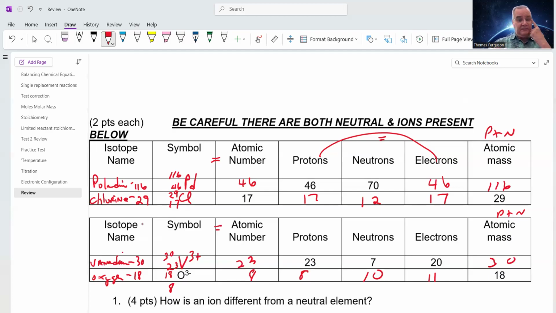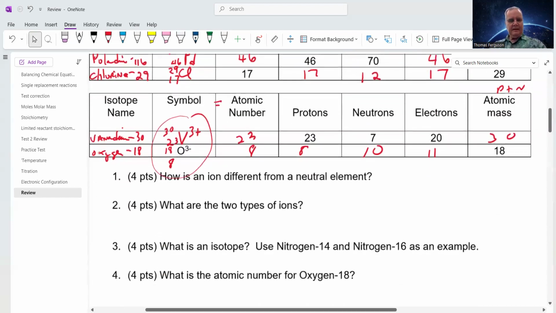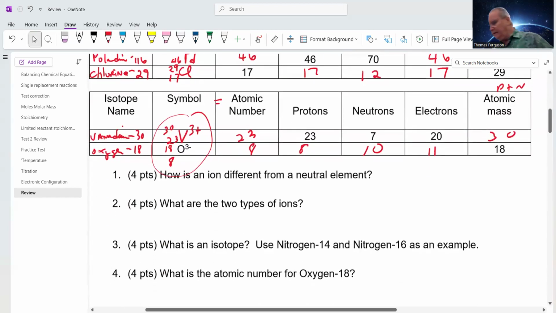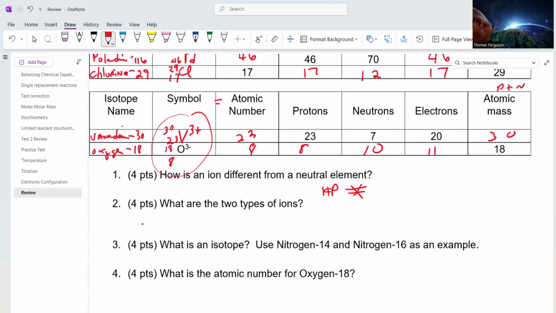Now, a lot of people last semester fell down on this part. Make sure you add the isotope number and the number of protons on your symbol. How is an ion different from a neutral element? With an ion, the number of protons does not equal the number of electrons.